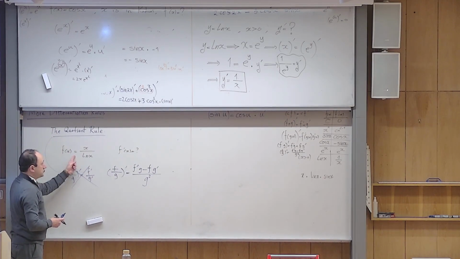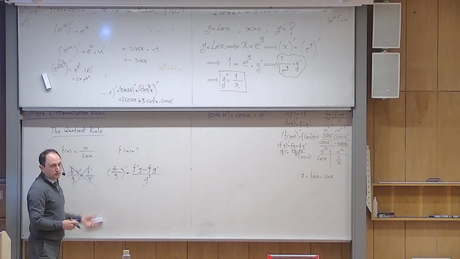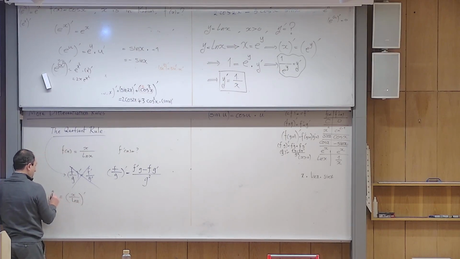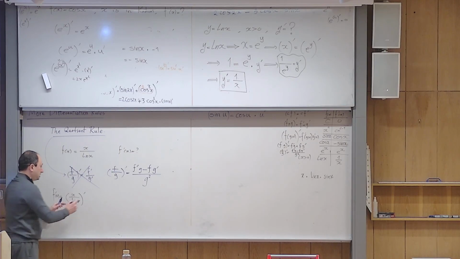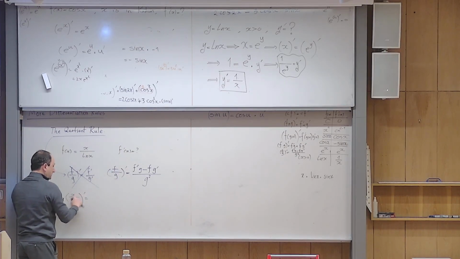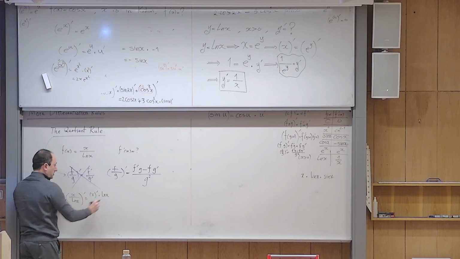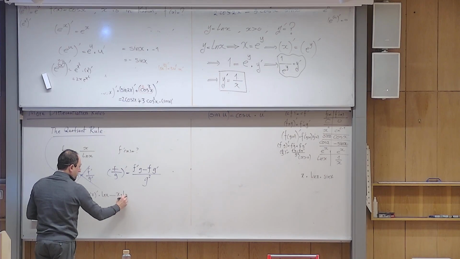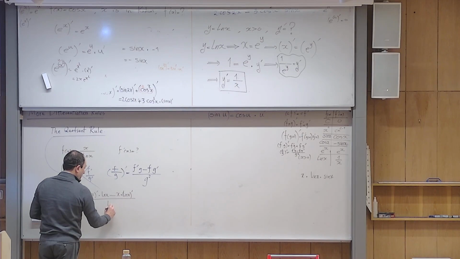So I give you this function, and I want you to calculate f prime. So what you are supposed to do, you would say, okay, I want to take the derivative of this function. But this tells you that the derivative of the numerator multiplied by the denominator itself, minus the numerator itself multiplied by the derivative of the denominator, and then divided by the denominator to the power 2.